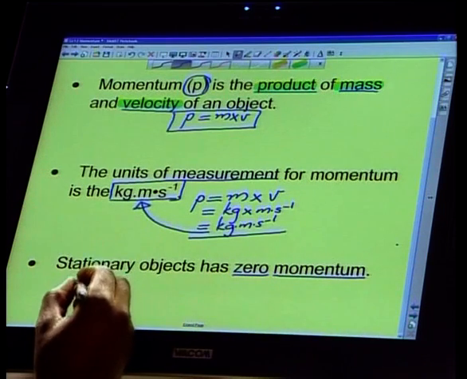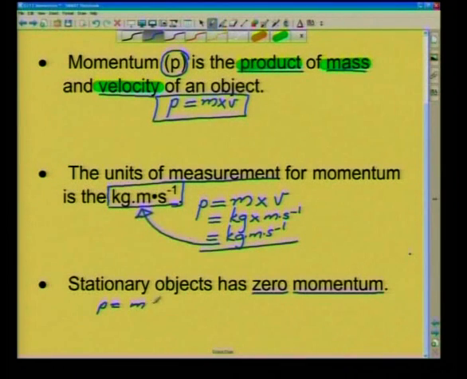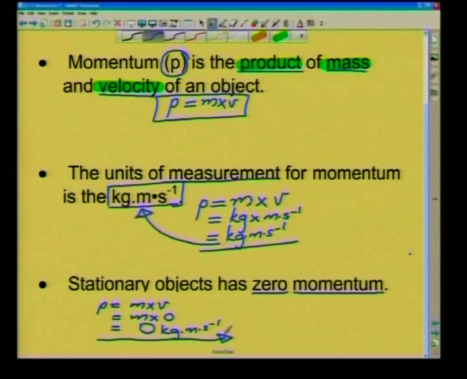Why? Because momentum is mass times velocity, and in this case it will be mass times zero because the object is not moving, so you have zero momentum, 0 kilograms meters per second. In other words, a stationary object has no momentum. Objects that are not moving do not have momentum. Right.